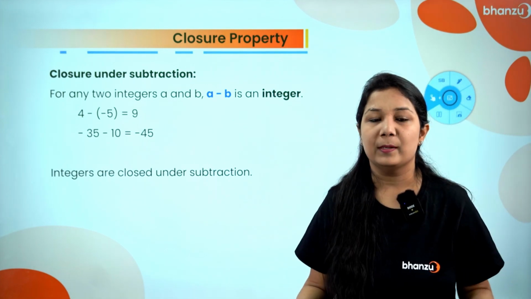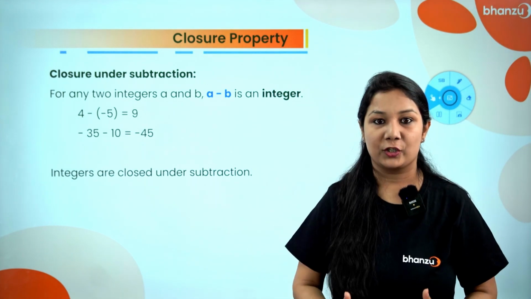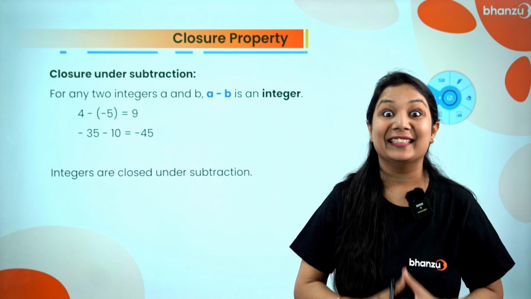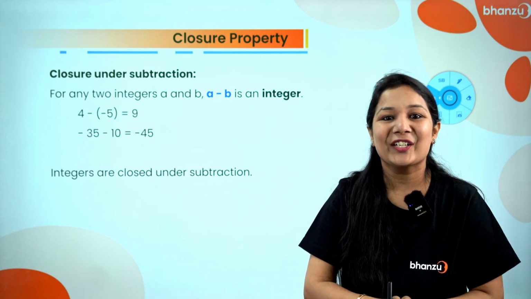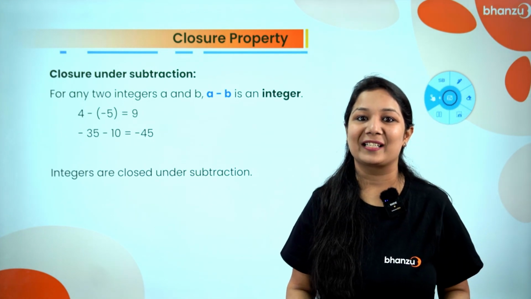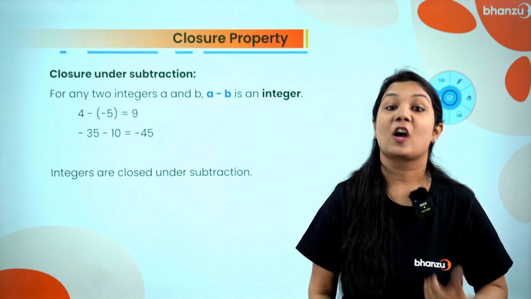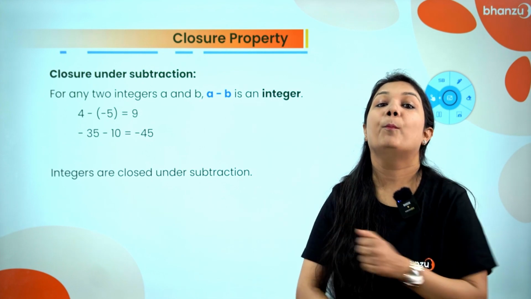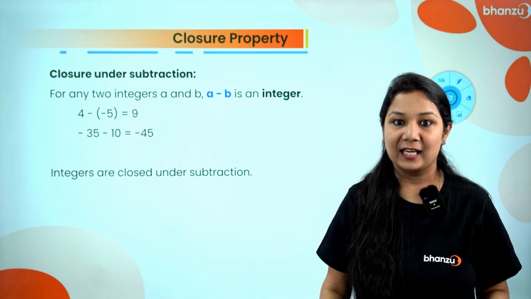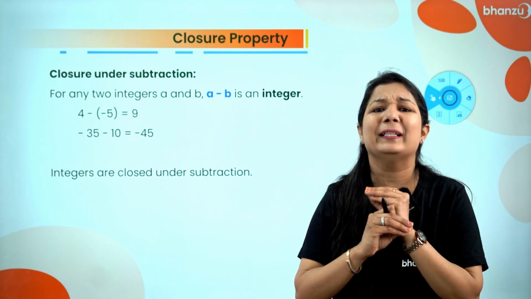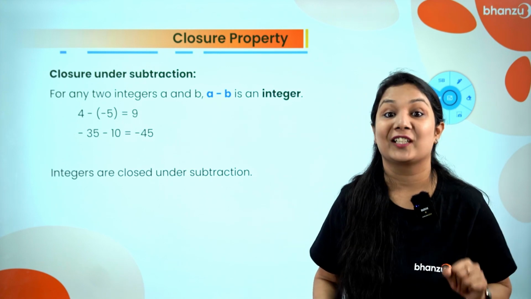Whatever integers you take, after subtracting them, you will be getting an integer only. So integers are closed for addition and subtraction, both the operations, right? Do not forget to check them out with any integer after the session.